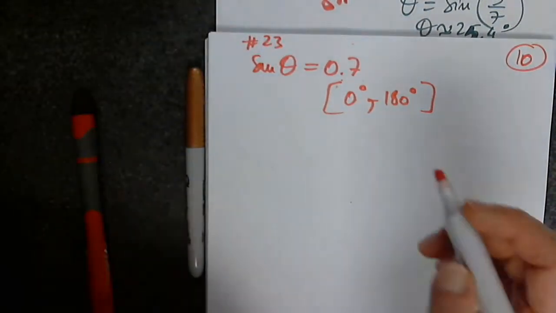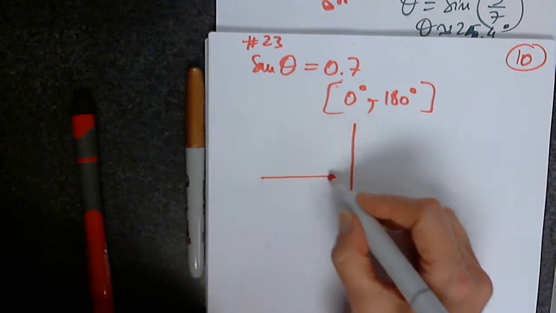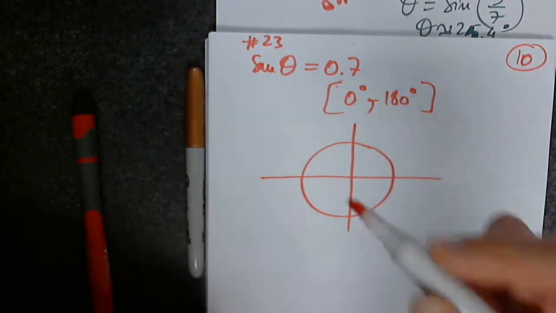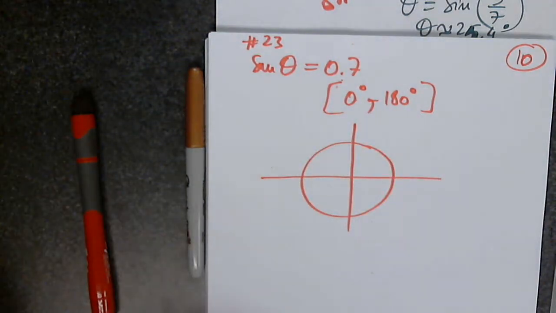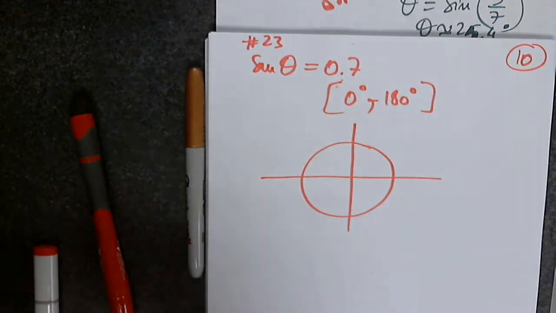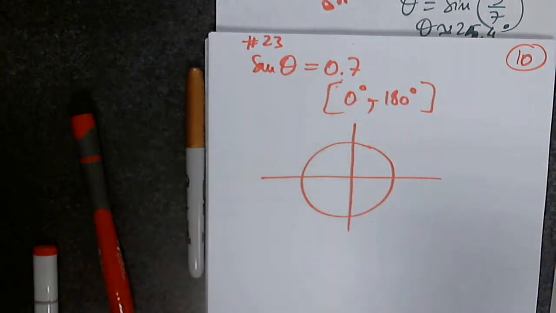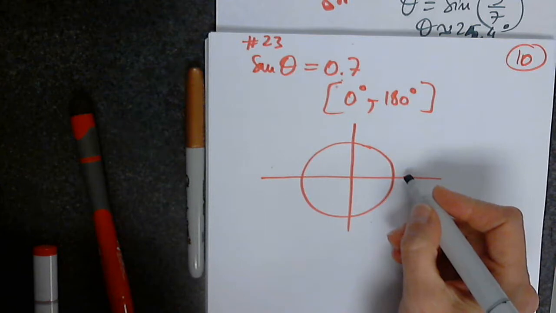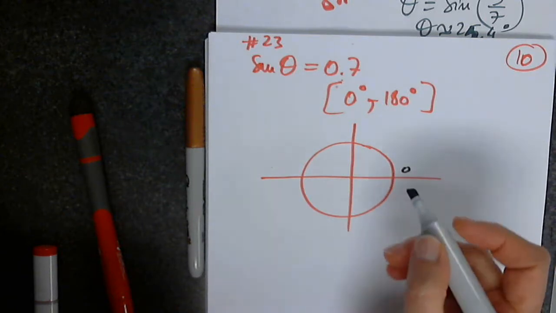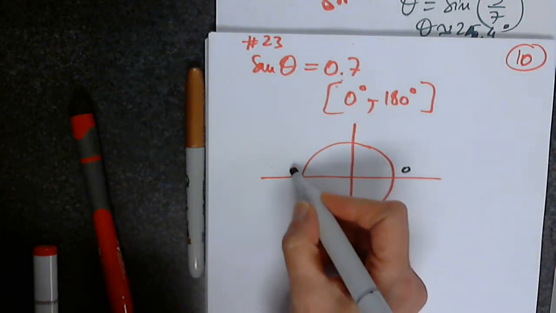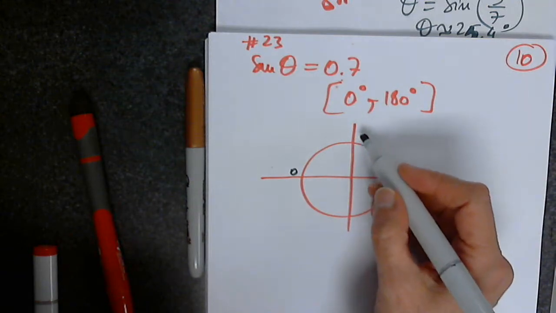So please follow me for a second. Please tell me how much is sine here. 0. How much is sine here? 0. Good. How much is sine here? 1. Okay.